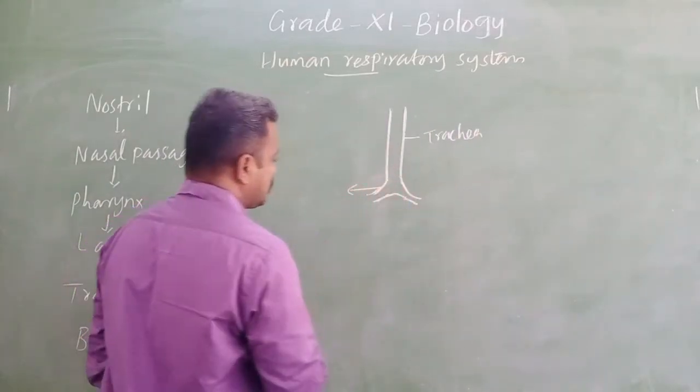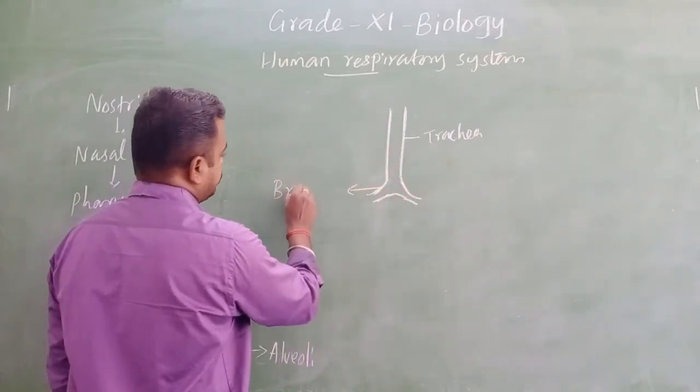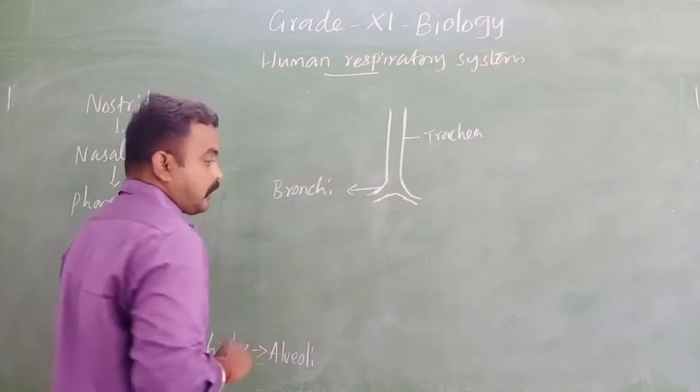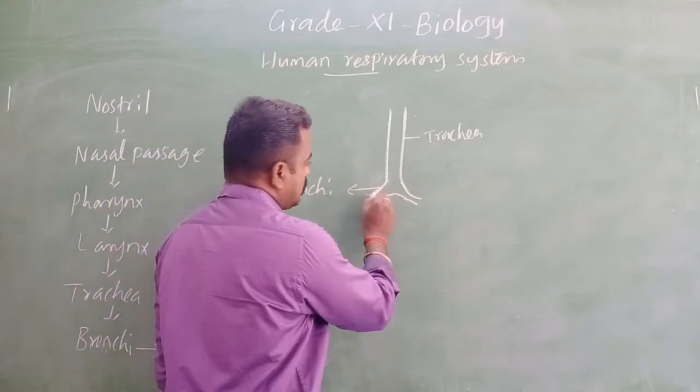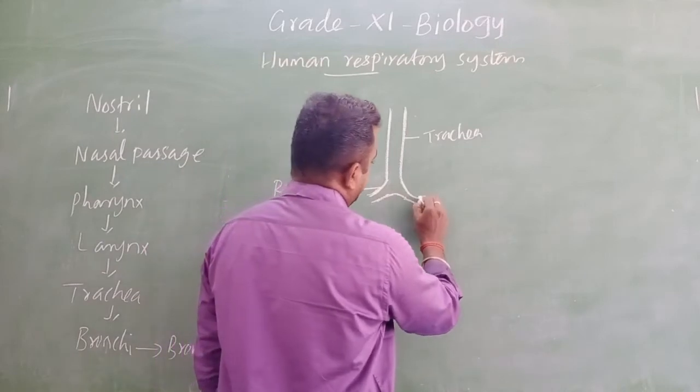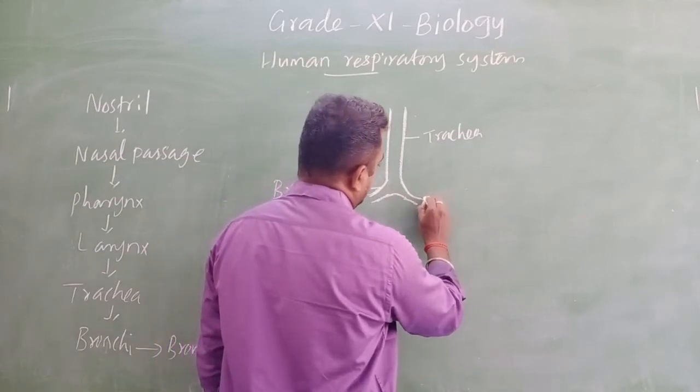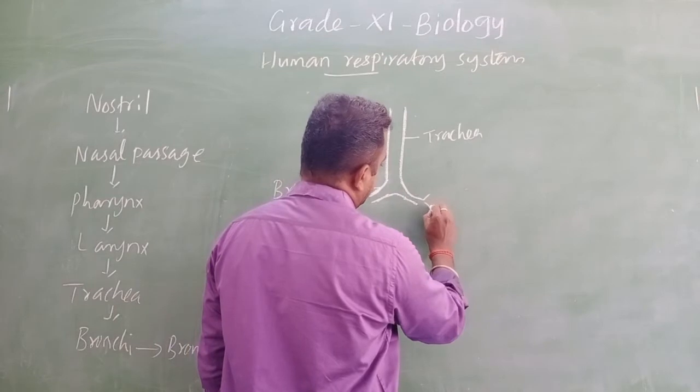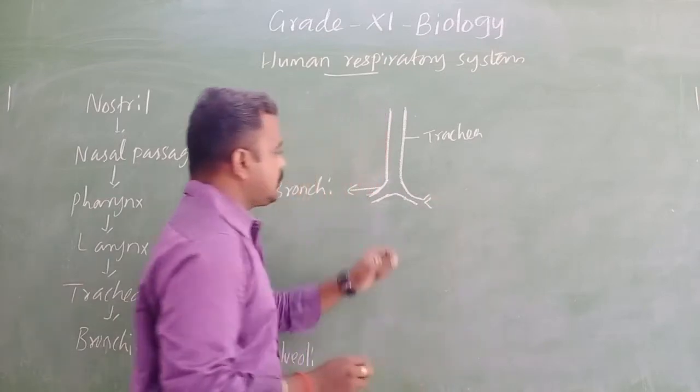This branch is known as bronchi. Here it is divided again.